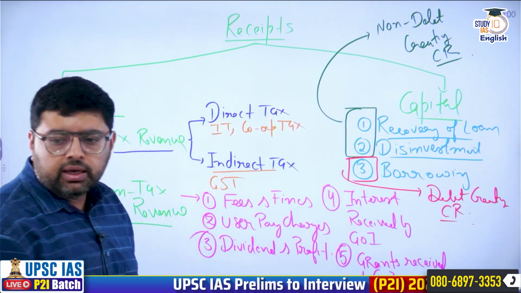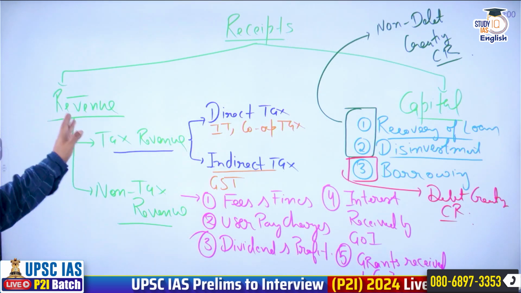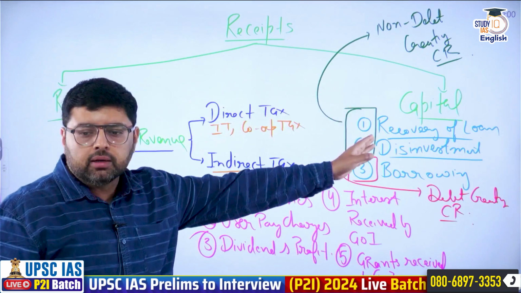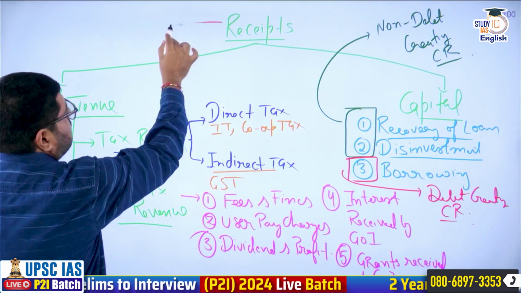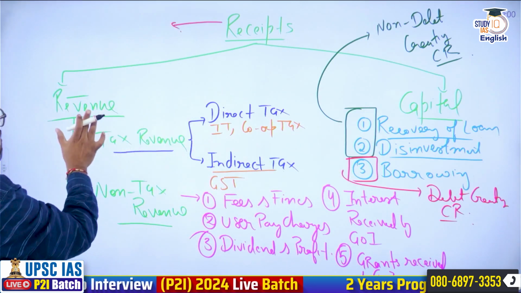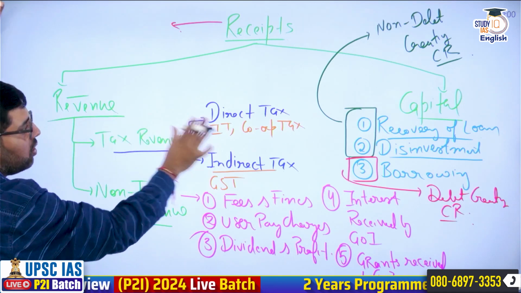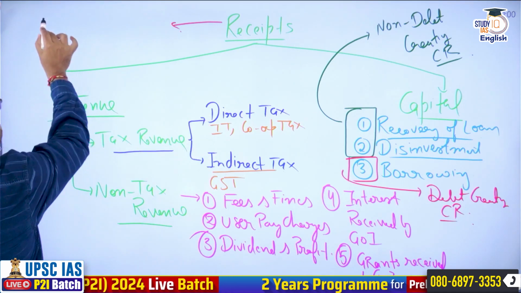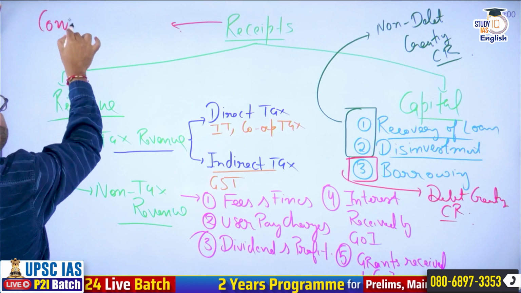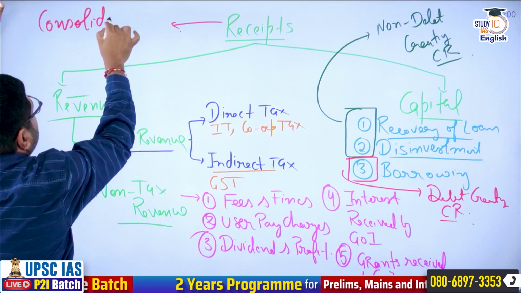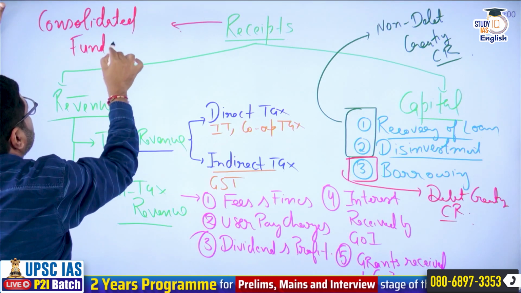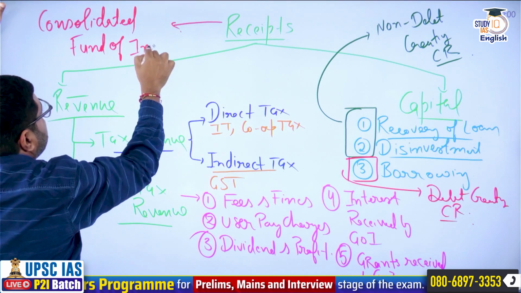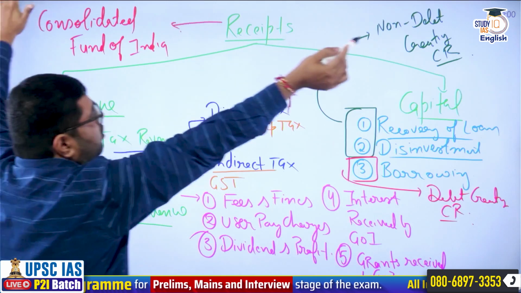Now whatever money is coming under receipts, either revenue or capital, that becomes a part of the Consolidated Fund of India. So whatever money that we are receiving through whatever source, that is revenue or capital, that will become a part of the Consolidated Fund of India. And the same amount is now spent also.